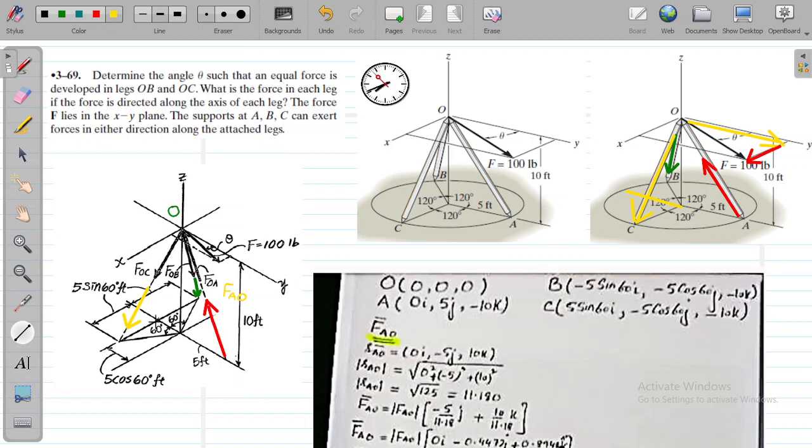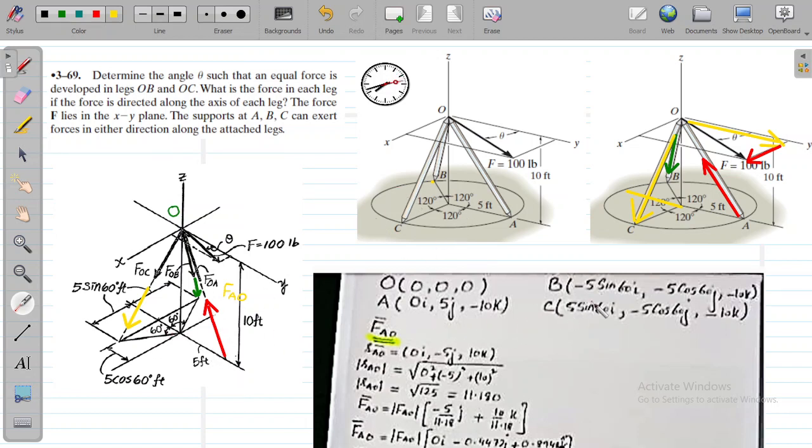Now we want to calculate the coordinates of the B point. This is the point B. Again, the radius is going to be constant in the circle.